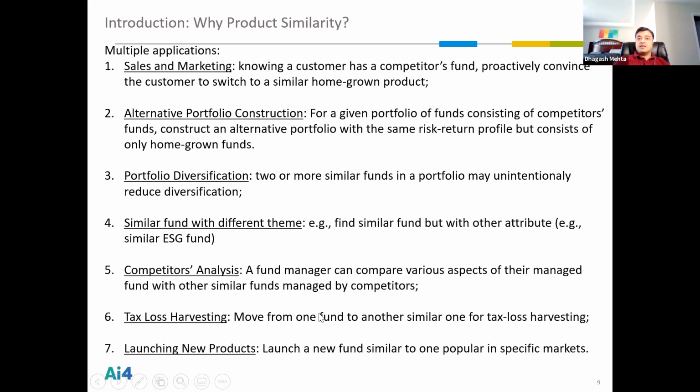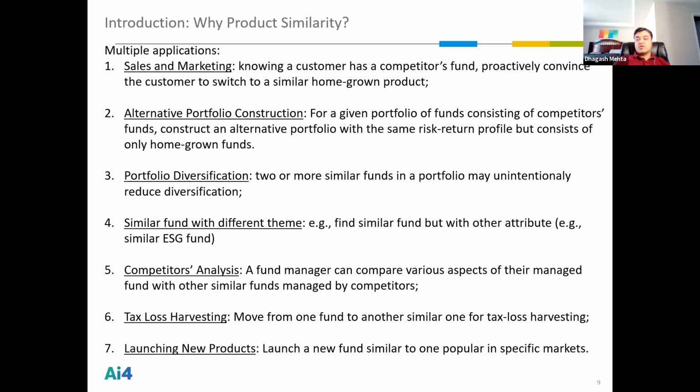Tax loss harvesting. In certain countries, and most certainly in the US, you can sometimes sell your mutual funds to realize a loss at the end of the year. And then immediately you might want to buy a very similar fund, again, to retain the same risk-return profile of your portfolio.